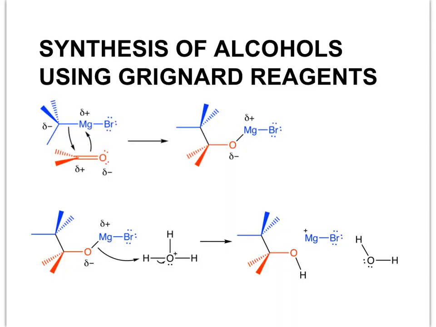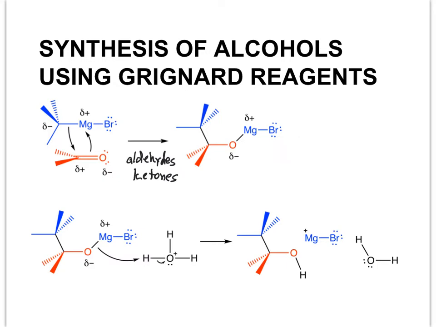Okay. Now, once we've made our Grignard reagent, our carbon is negative and becomes nucleophilic. When we're making alcohols, we react our Grignard reagent with carbonyl compounds, particularly aldehydes or ketones.